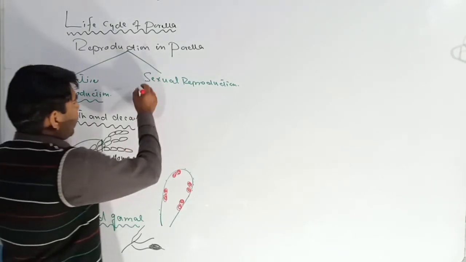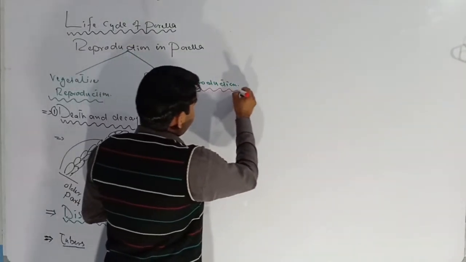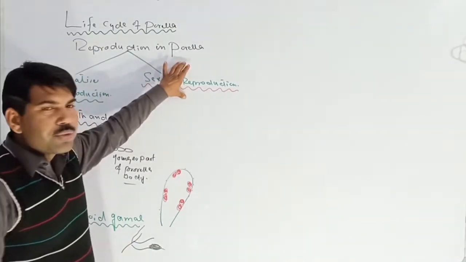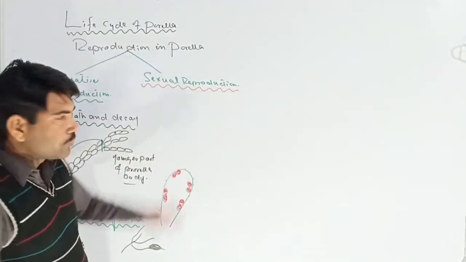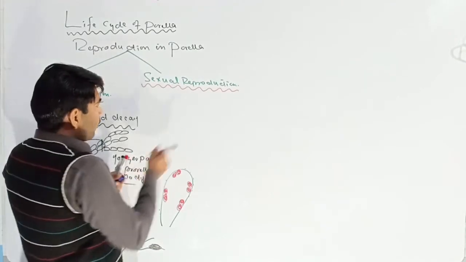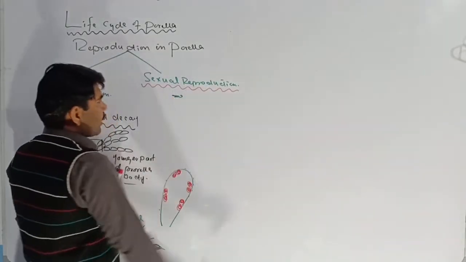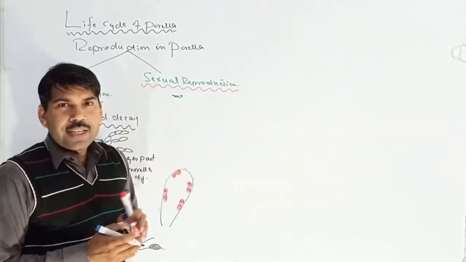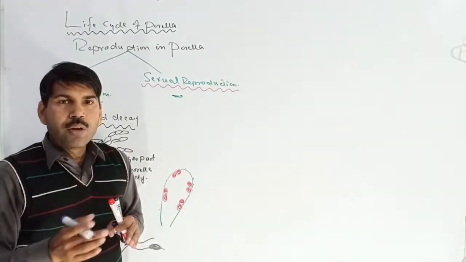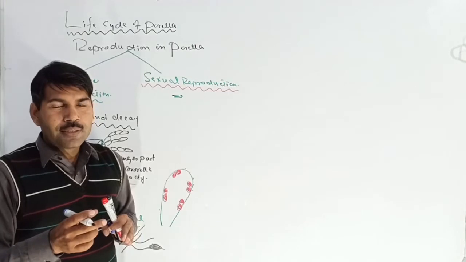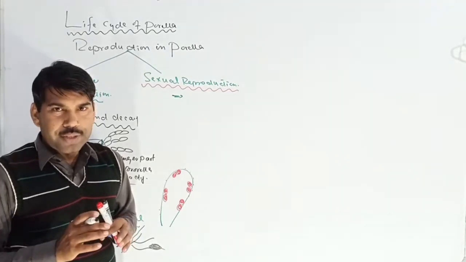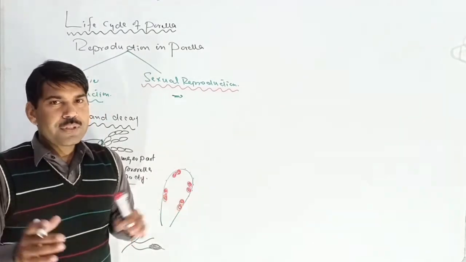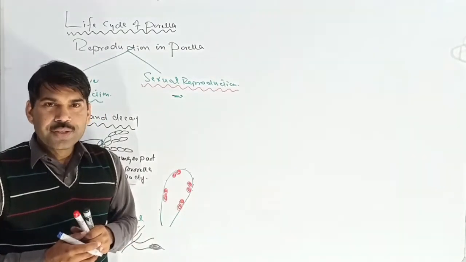After vegetative reproduction, now we are going to discuss sexual reproduction. When we talk about sexual reproduction, we have to understand whether the body of a Porella plant is monoecious or dioecious.